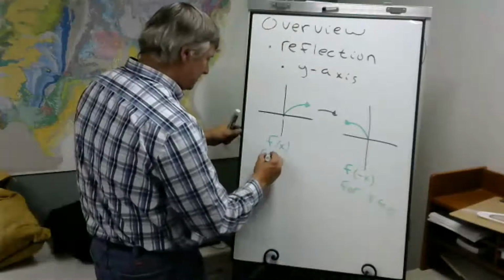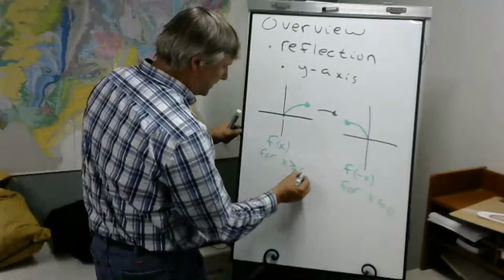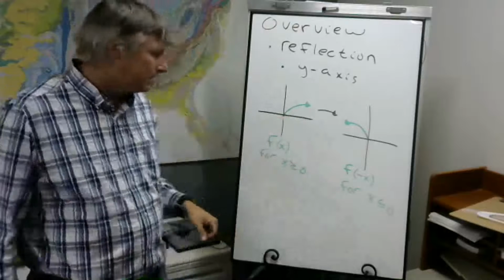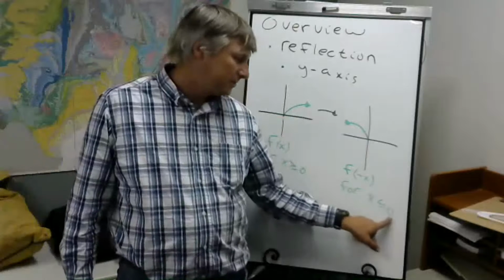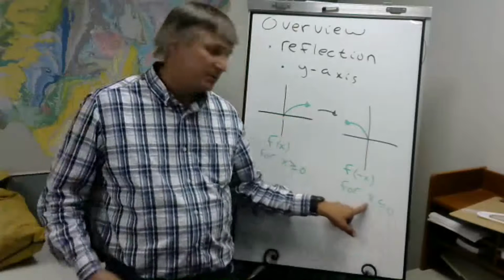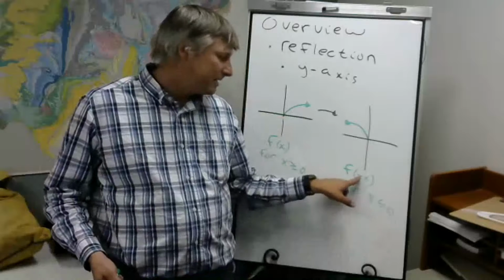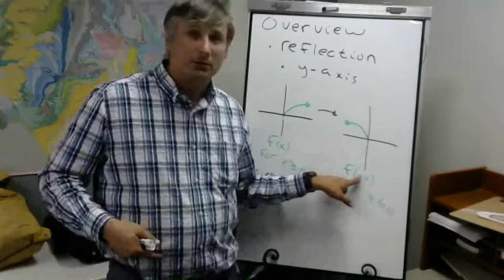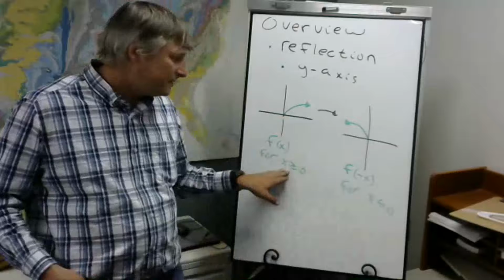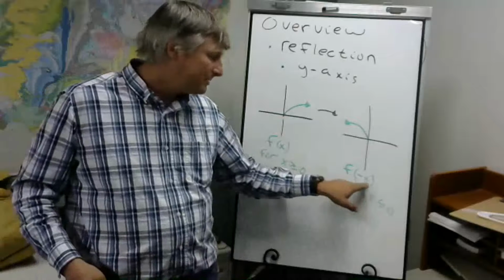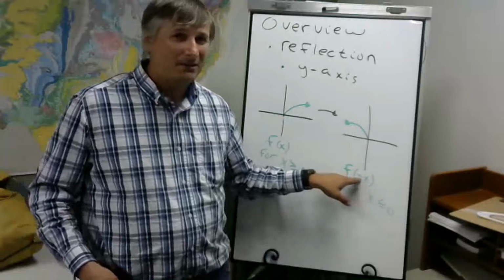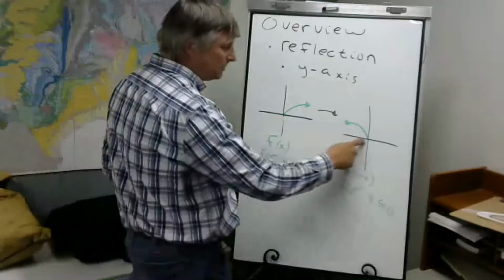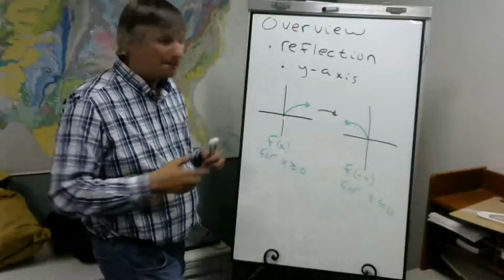While here we use x greater than or equal to 0. Again, we can only take the square root of positive numbers and 0. Here we have to use x less than 0, because these are going to be negative x values. That minus sign will turn that negative input into positive, and then we can take the square root. If we use positive inputs here for x, it gets modified to negative, and now you're taking the square root of a negative. So for this one, you actually do need to make a different choice for your domain.